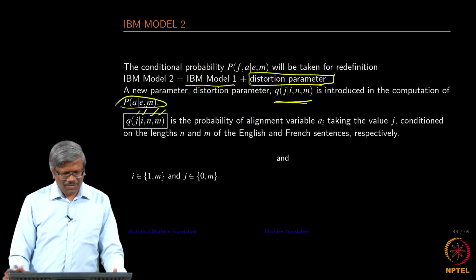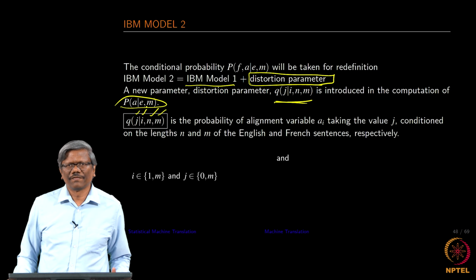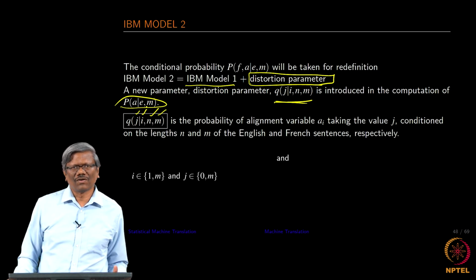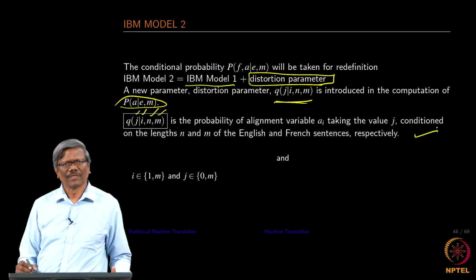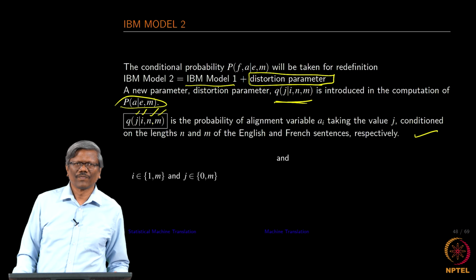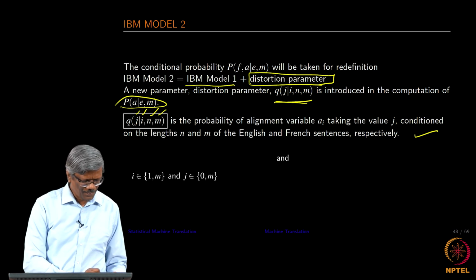Okay. So, this is the probability of alignment variable a_i taking the value of j conditioned on the lengths n and m of the English and French sentences respectively. Okay. This is clear. So, this is one small change that is brought into the IBM model 2.